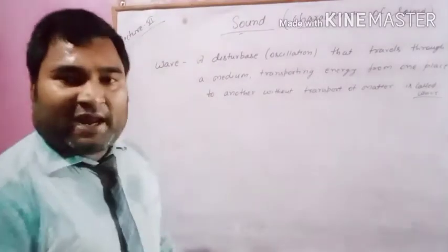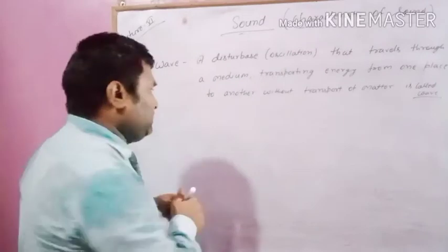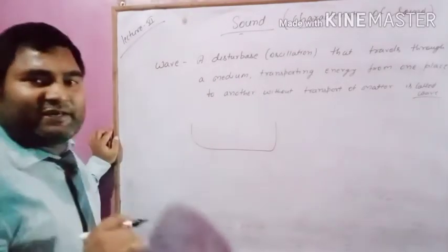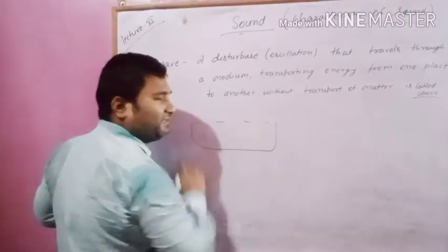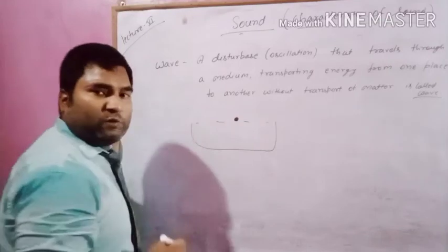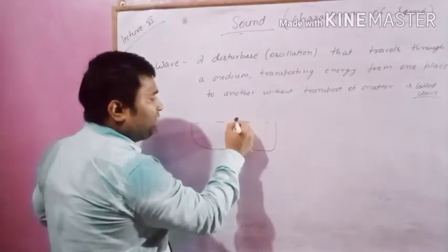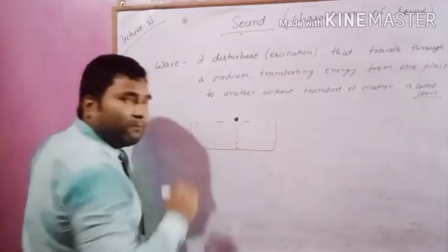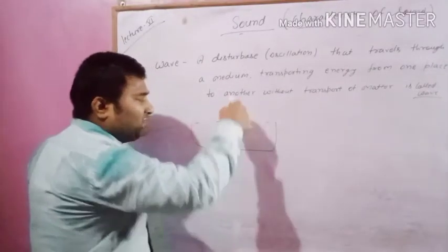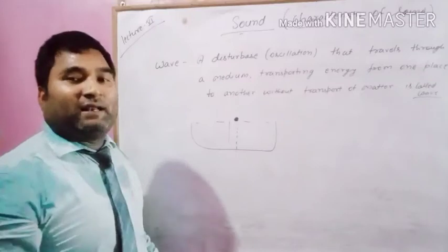One more example I can give you. Take a water body, take a water tub, and place a floating ball here. Note down the place where the ball is, and drop a stone here. When you drop the stone, it will form a ripple.